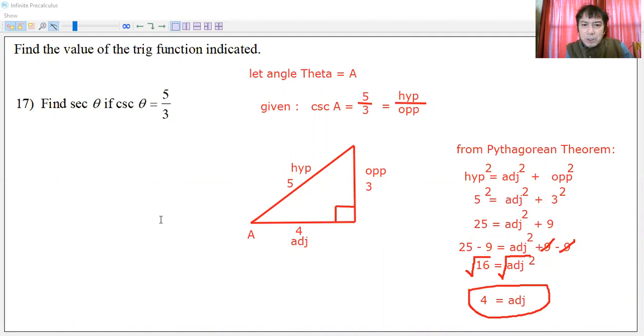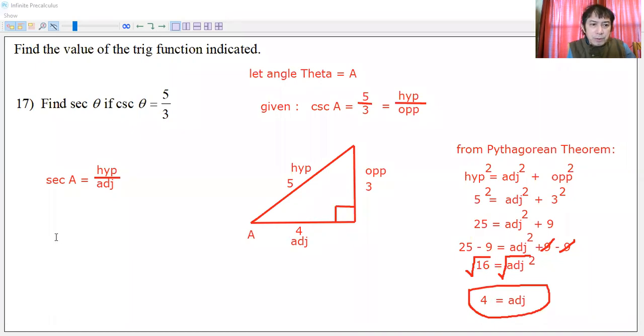Now we have the adjacent side, and we're after secant. Secant needs the adjacent side because of the formula. Secant of A is equivalent to hypotenuse divided by the adjacent side. We can make use of the available sides now, and the answer will just be hypotenuse over adjacent. That's 5 over 4.